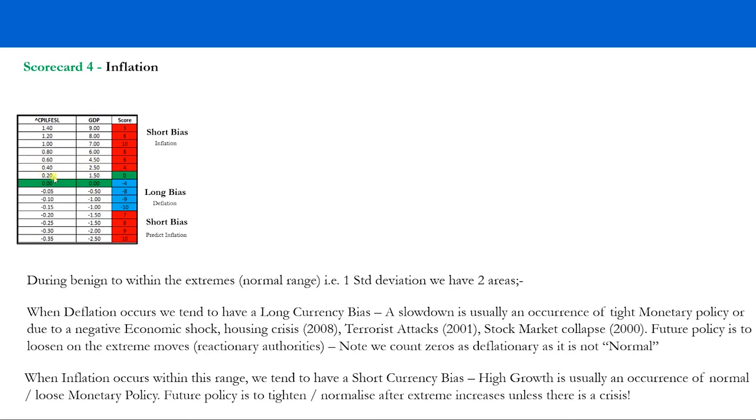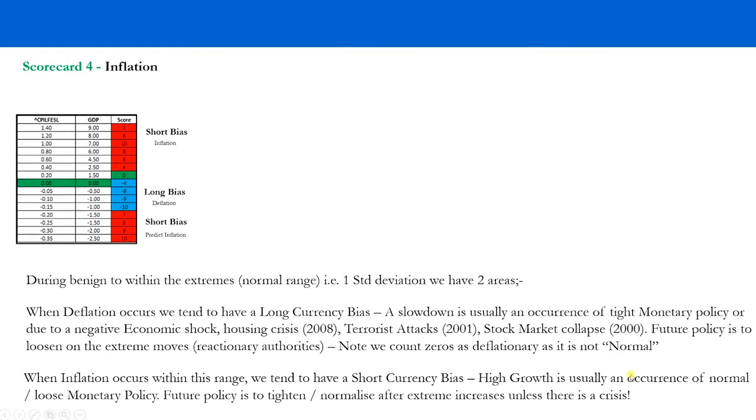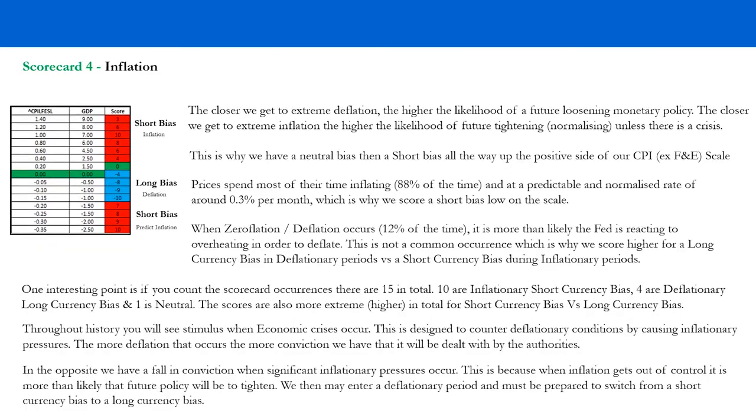For the 0.2 scoring, we assign a 0, and for the 0.4 scoring, we assign a low conviction short bias. So we score a 4 here.